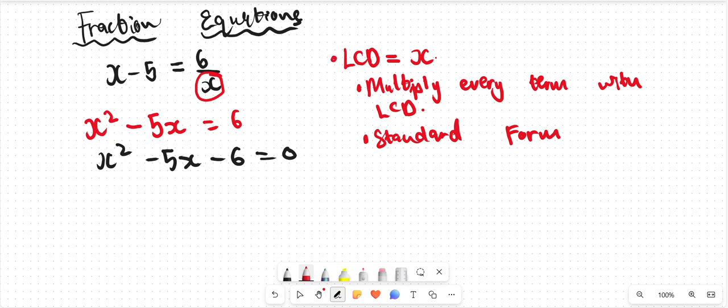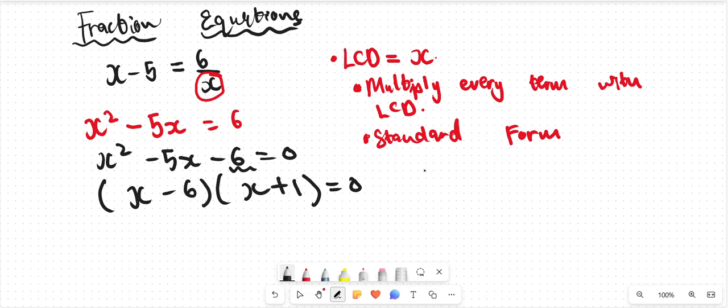So step number 1 is to find your LCD. Step number 2 is to multiply with the LCD. Then once you have it in standard form, you could use your quadratic formula, or you could factorize this. Factors of negative 6 that add to give me a negative 5 are negative 6 and a positive 1.